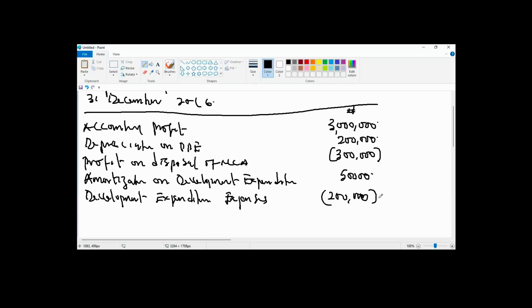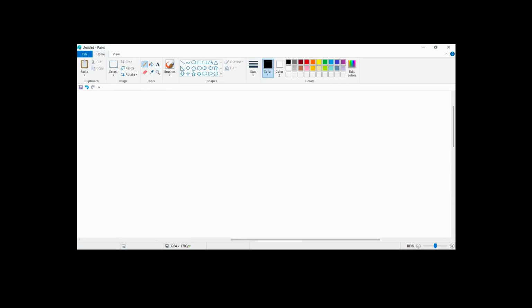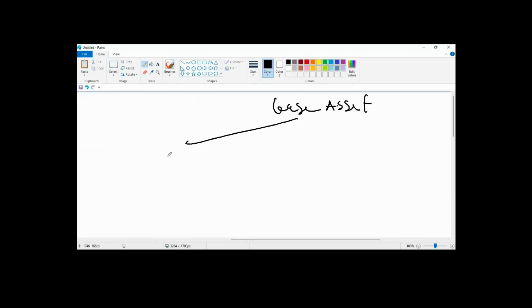Boja owns a plant on finance lease. Anytime you see this, let me show you what to do. Anytime you hear a lease asset is on lease, what do you do? Depreciation on lease, add back.